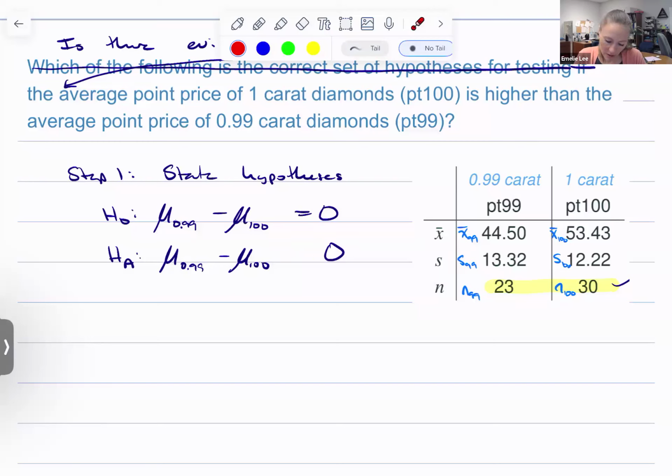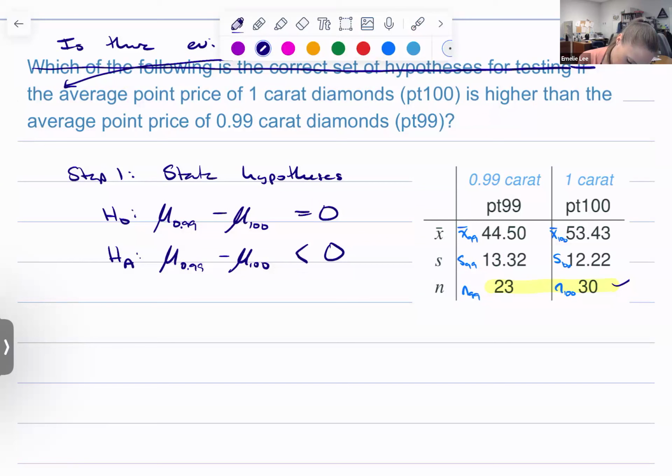If I want to know if the 1 carat diamonds are higher, and I'm taking 0.99 minus 100, if this value is higher, then subtracting a larger number from a smaller number, 1 minus 2, for example, gets me to -1, and that's less than 0, and that's always going to be the case.